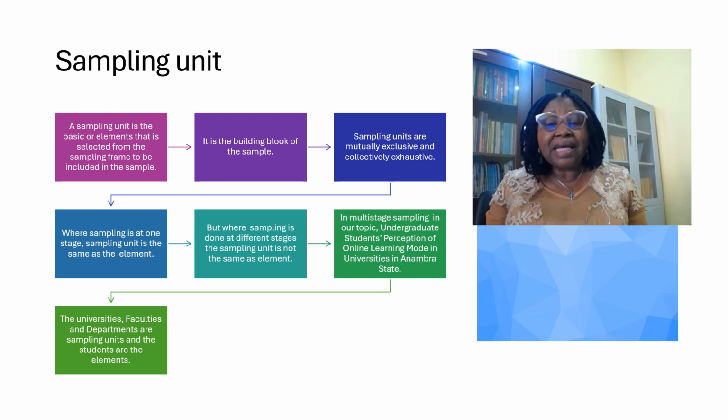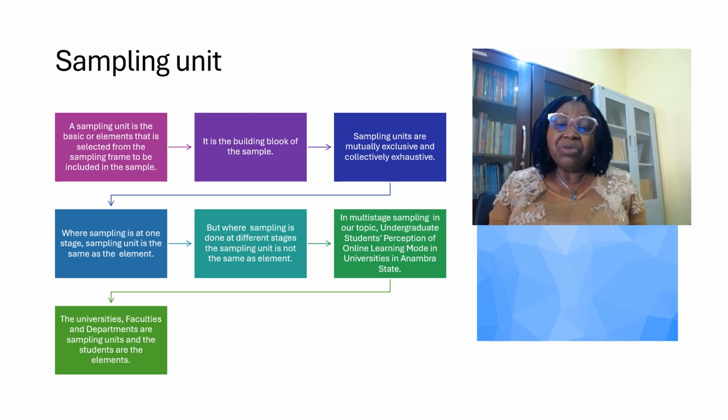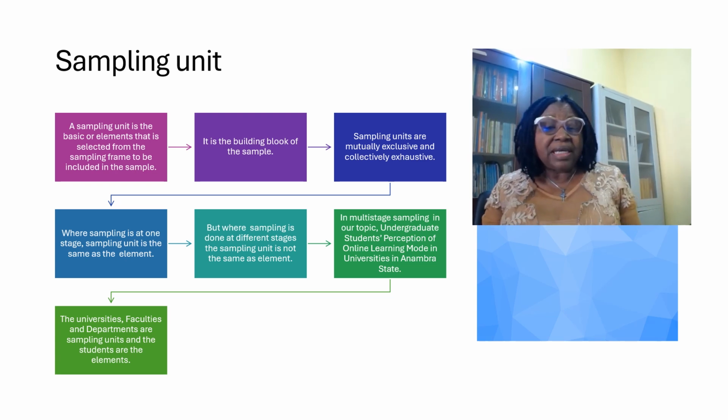Sampling unit. A sampling unit is the basic element that is selected from the sampling frame to be included in the sample. It is the building block of the sample. Sampling units are mutually exclusive and collectively exhaustive. Where sampling is at one stage, the sampling unit is the same as the element.